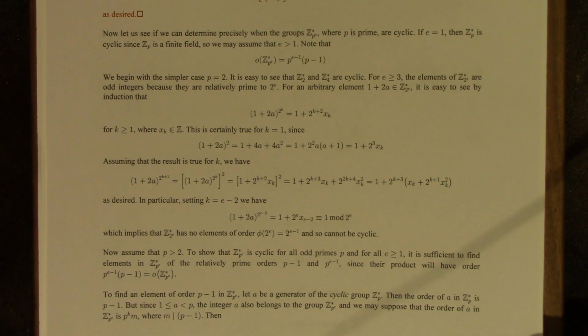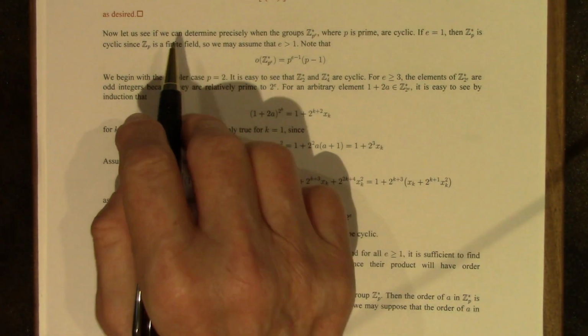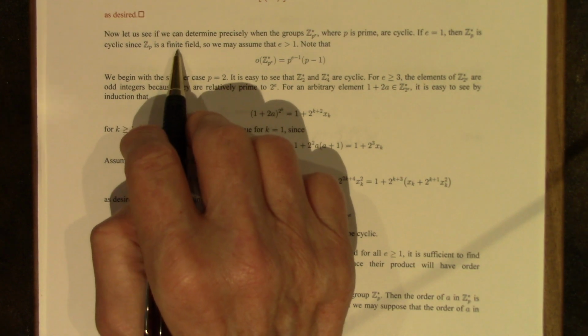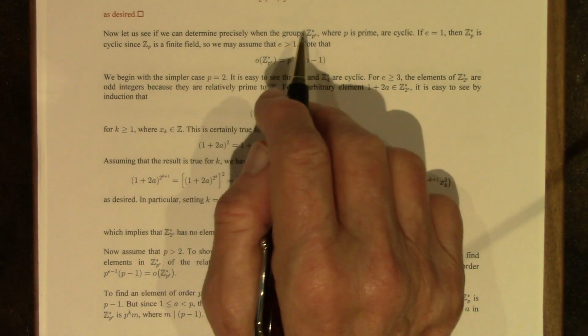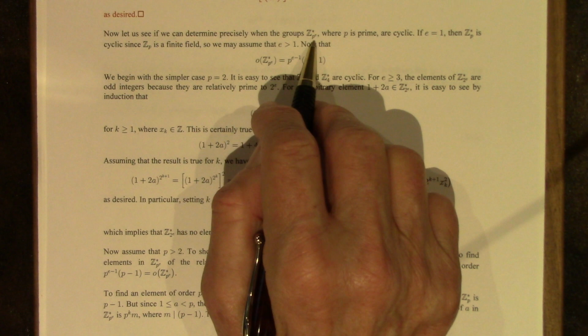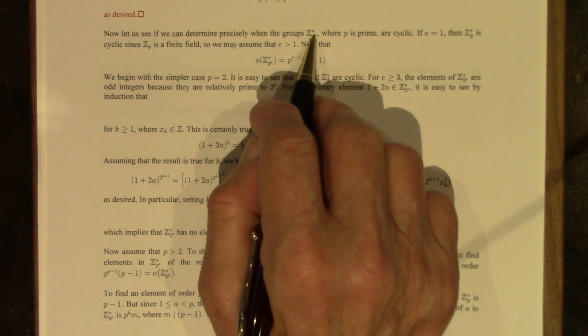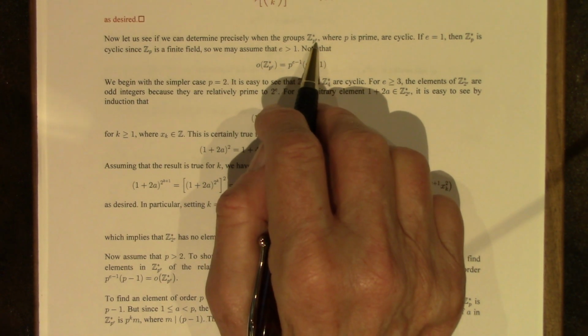Now, rather than tackling Z_n star directly, we've taken care of Z_p star, so let's see what we can do with Z_{p to the e} star. So, prime power, a power of this prime here.